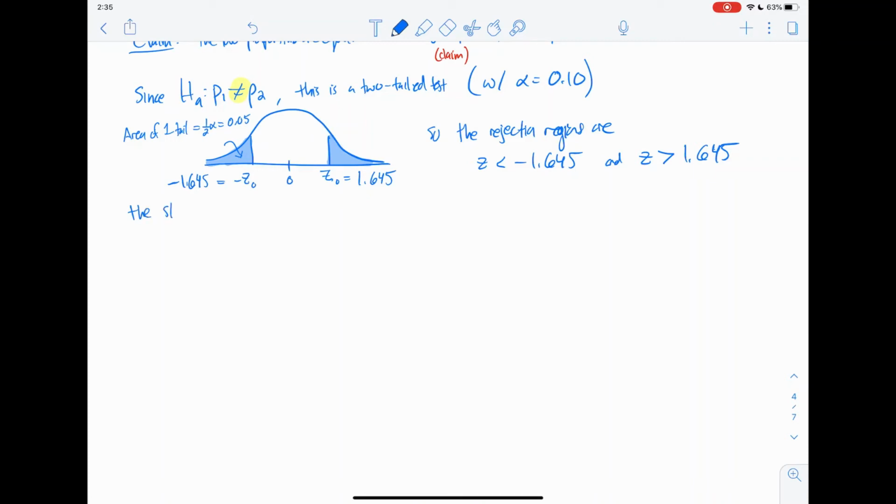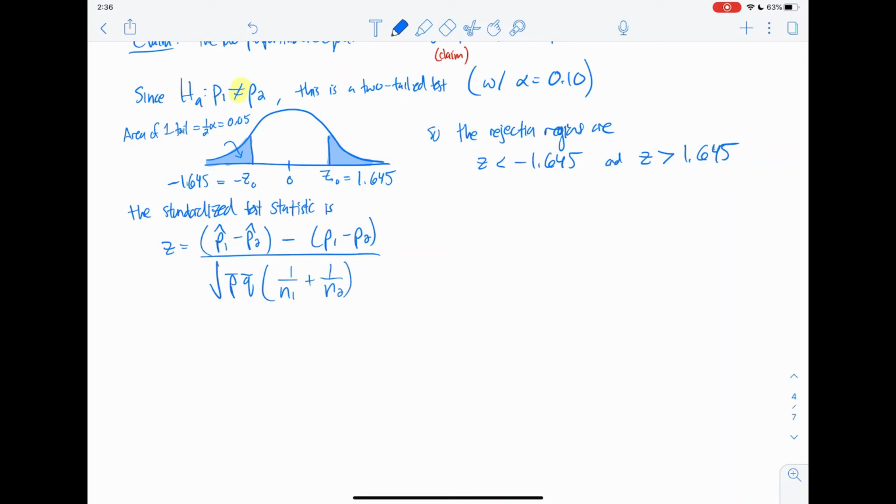So the standardized test statistic is, well, the formula is P1 hat minus P2 hat, that's the hypothesized difference in the population proportions, minus the hypothetical one, P1 minus P2, all over the square root of the weighted estimates, P bar Q bar, times 1 over N1 plus 1 over N2.